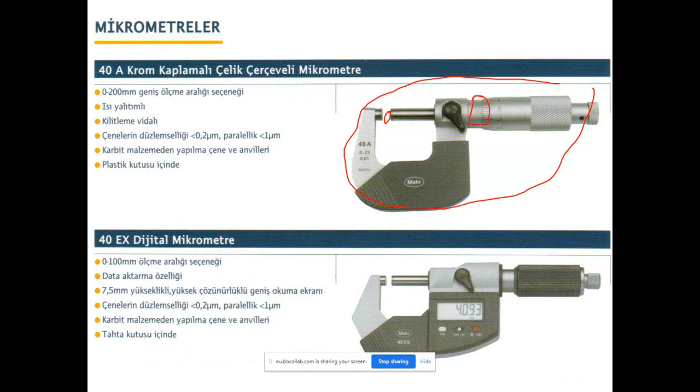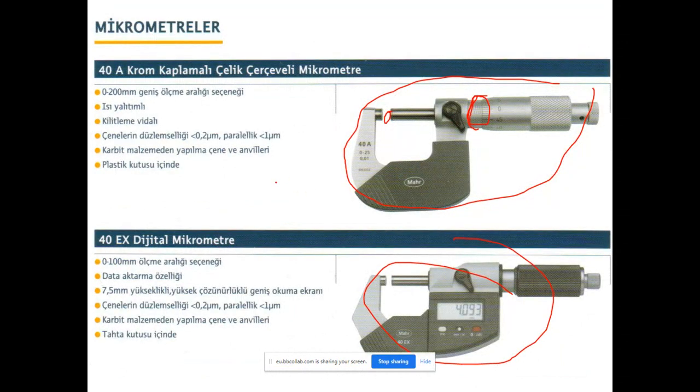Looking at this scale part of the vernier caliper, the vernier part, count the tick marks in alignment. While you're taking the laboratory courses next year, you're going to be educated on the inspection instruments and how they are used. This is an analog micrometer, and this one is a digital micrometer.